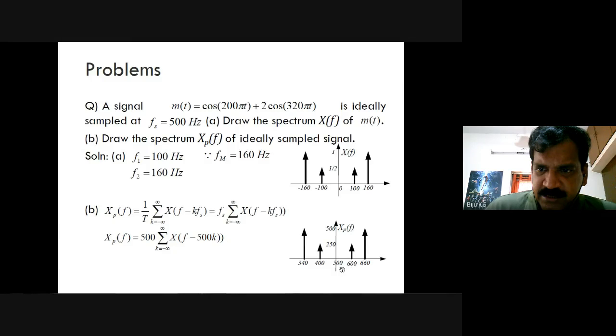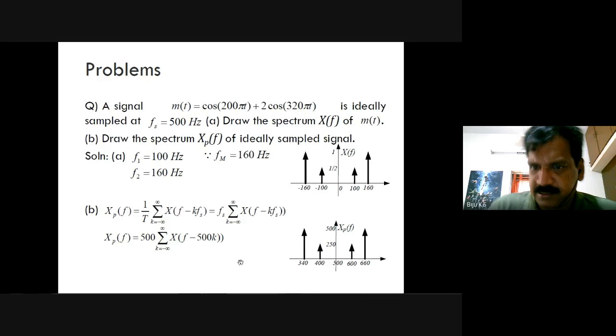Suppose this is a 500 frequency, adding 160, that is 500 plus 160, gives 660. Here it is 500 plus 100, which is 600. And on the lower side, it will be 400, 340, etc. Like that.